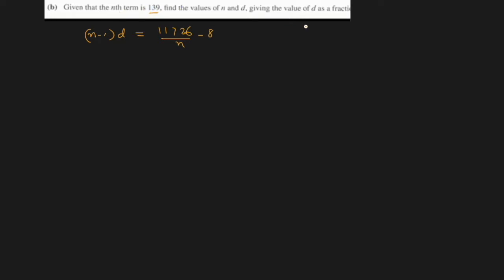That means an is 139. Find the values of n and d. For an, the formula is first term plus (n minus 1)d, right? So (n minus 1)d is known to us now, which is equivalent to this one. So in place of this part, we can use the right hand part.